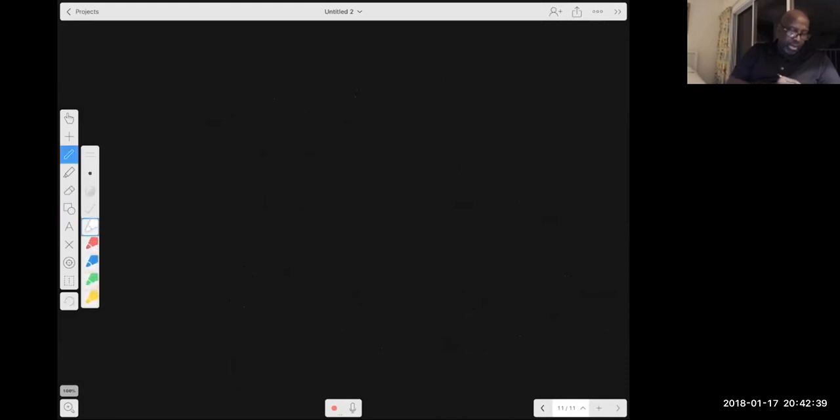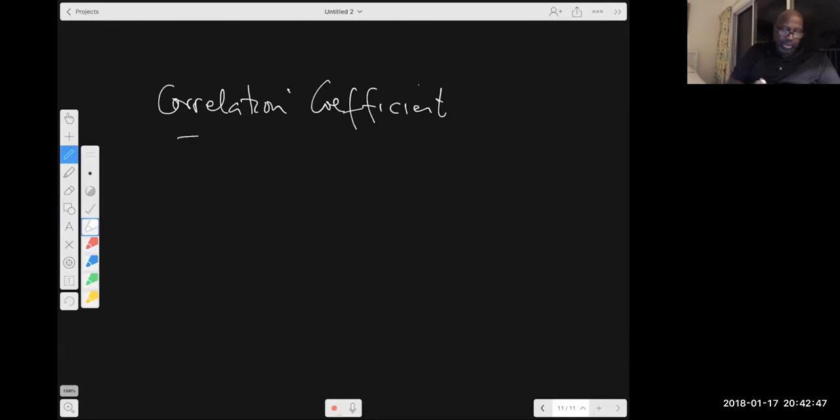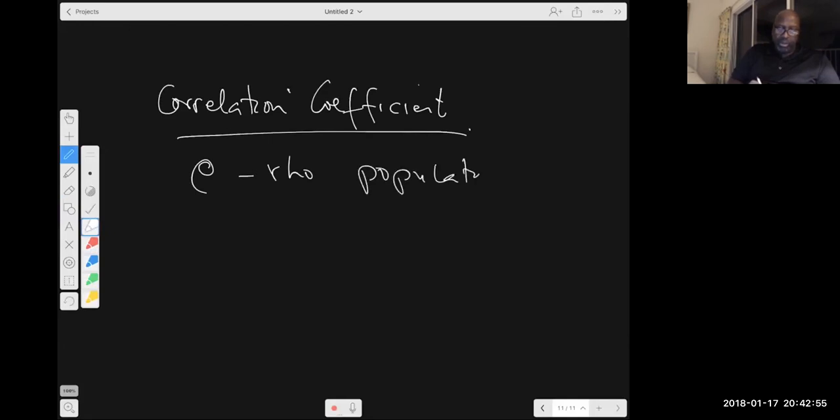Okay? So correlation coefficient. If it is population, we call it rho, R-H-O, for population. And then we use R for sample. And it's calculated as follows.